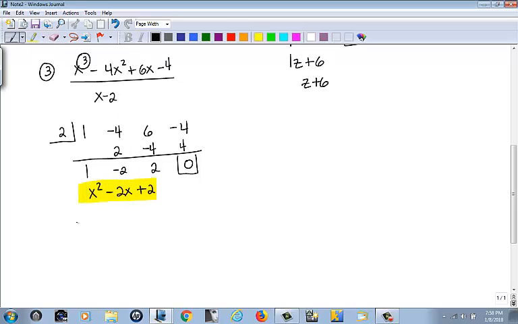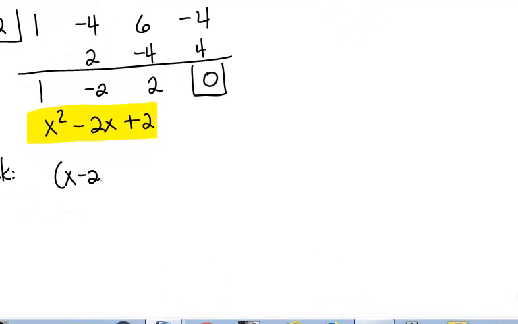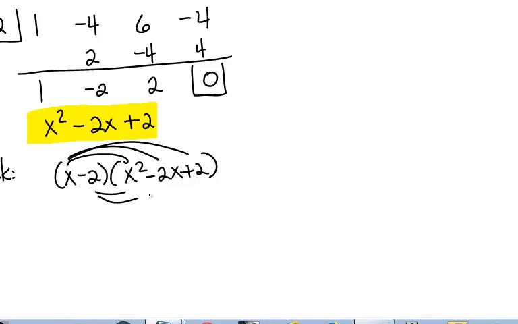If you were going to check it, you take the divisor x minus 2 times the x squared minus 2x plus 2, multiply that out, combine like terms, and make sure you end up with the x cubed minus 4x squared plus 6x minus 4. That would be the check.